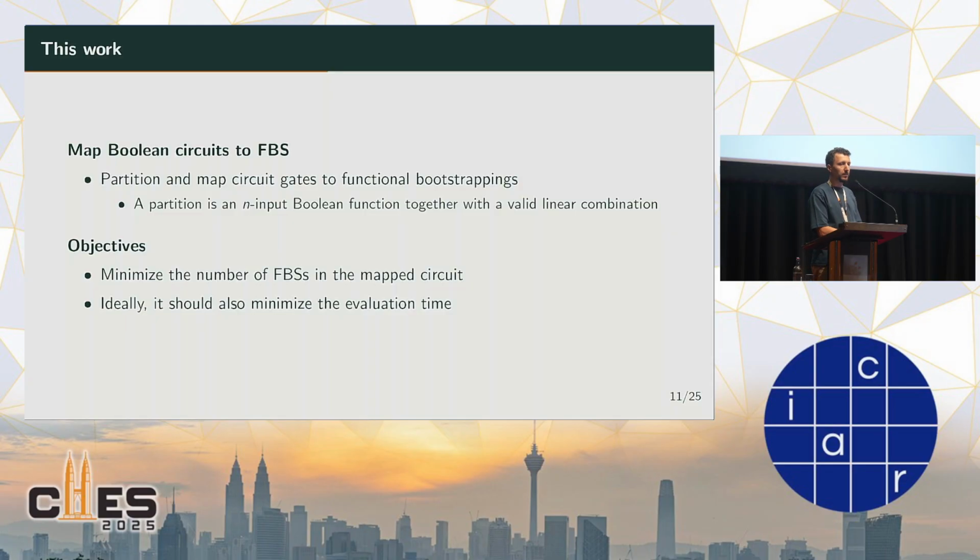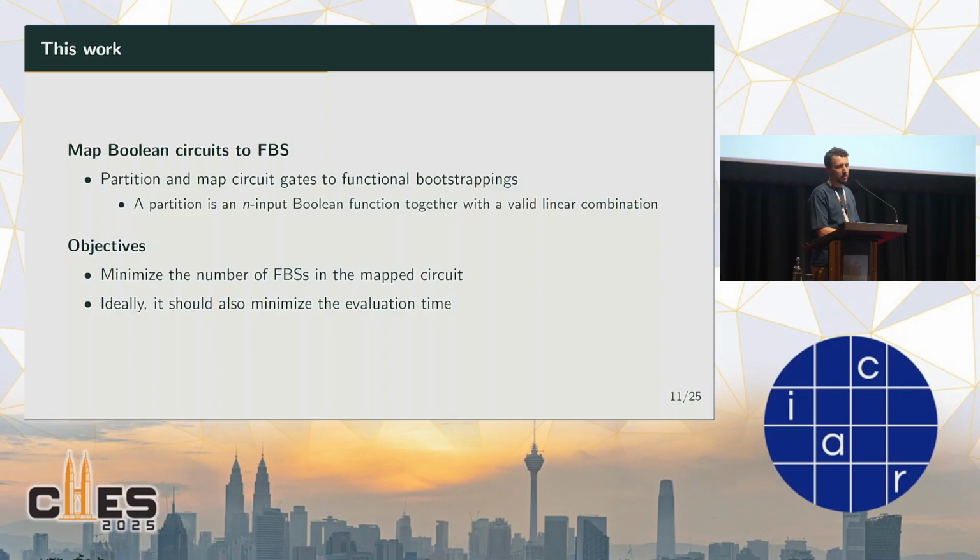We are given a Boolean circuit, and we want to map it to functional bootstrapping, to evaluate it using a fast bootstrapping scheme. To do this, we need to partition the circuit into subgraphs and map each subgraph to a functional bootstrapping.